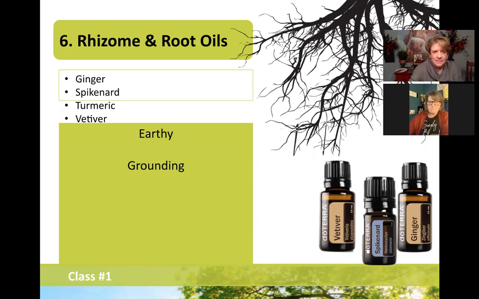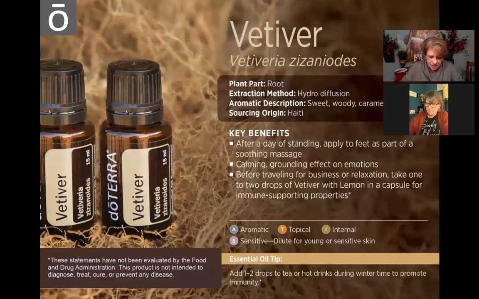They're grounding, centering. Let me read you the rest of them. Stabilizing. They provide strength. They're balancing. They help give courage and depth, and they provide self-confidence. So they're our friends when it comes to all things calming.